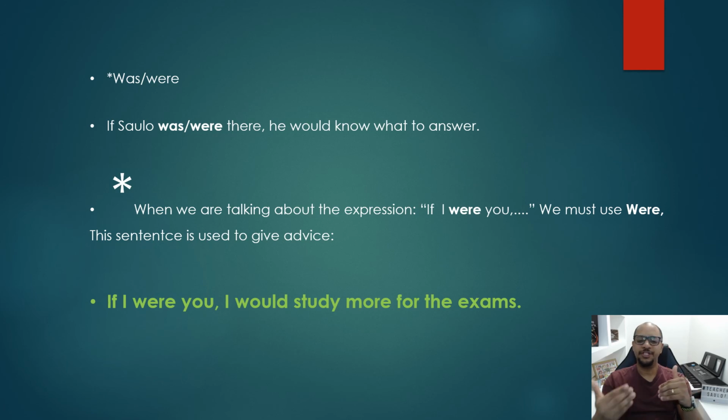When we are talking about the expression if I were you, we must use were, not was. If I were you, I would study more. If I were you, I wouldn't skip class. If I were you, I wouldn't miss lunch.